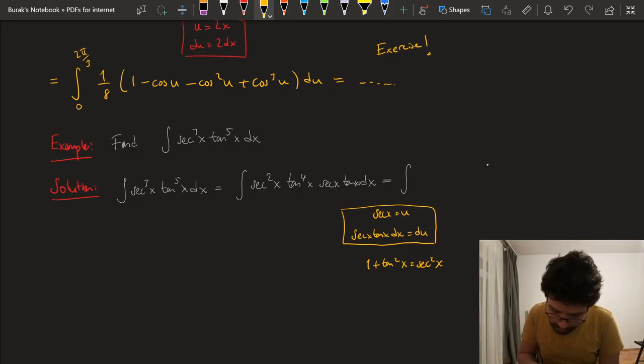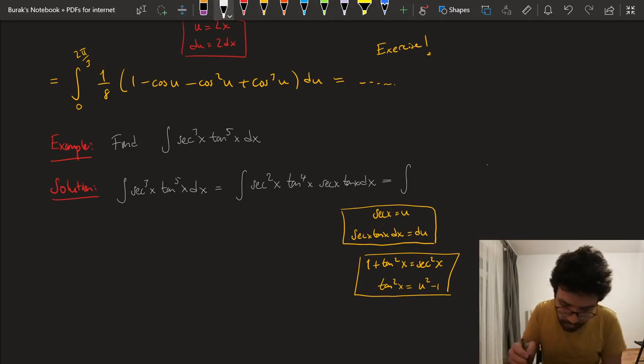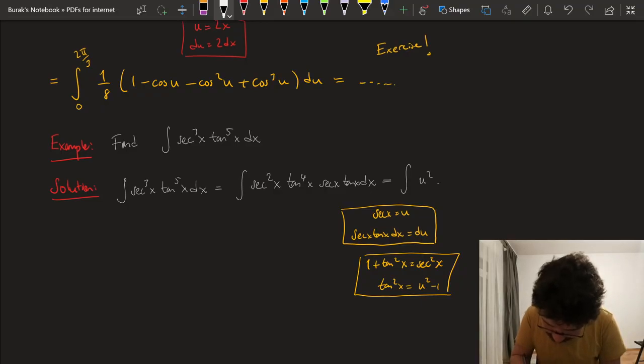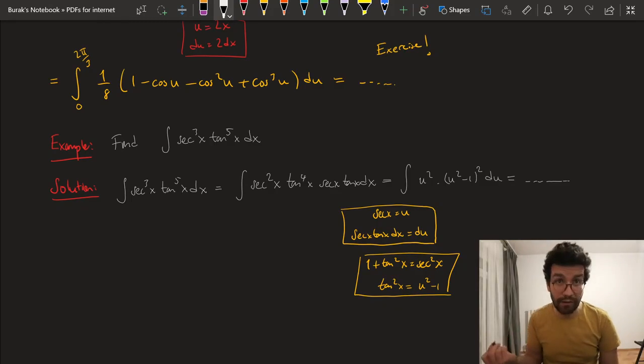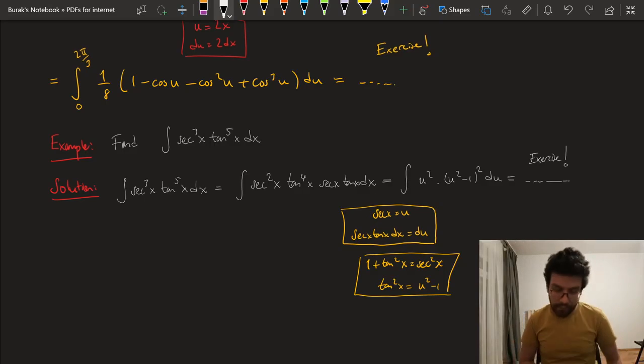So I get that tangent squared x is secant squared minus 1, which is u squared minus 1. So tangent squared is u squared minus 1, and secant is u. So I'm going to have u squared times u squared minus 1 squared du here, and this is a polynomial. Now you know how to integrate polynomials, so this is an exercise.